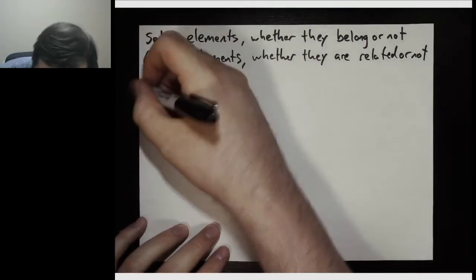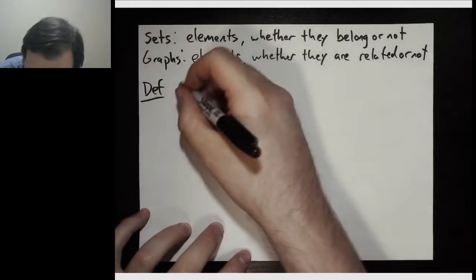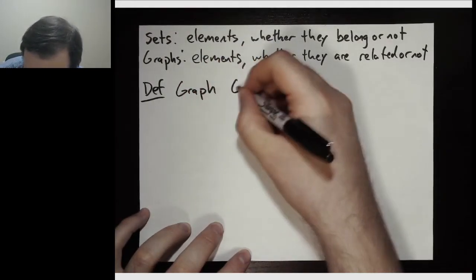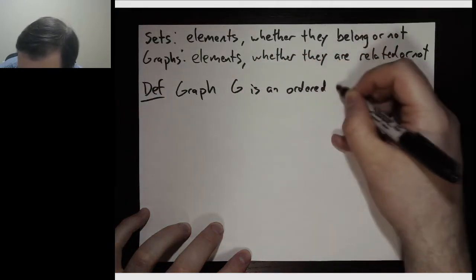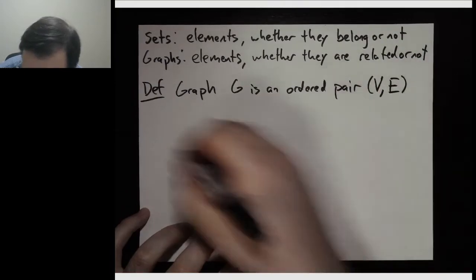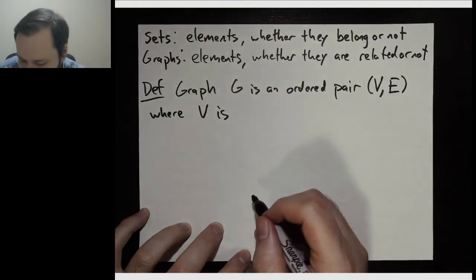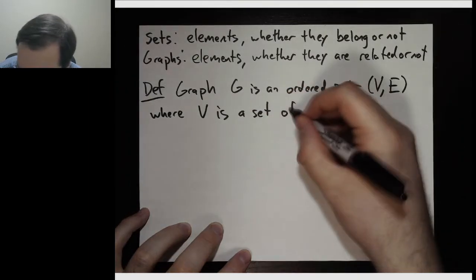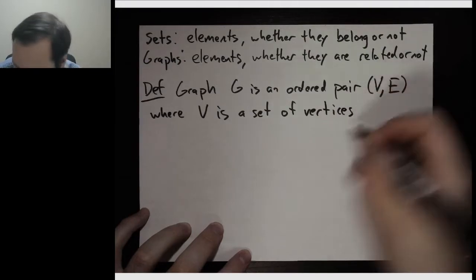So formally, I'll give you a definition. Formally, a graph is an ordered pair V comma E, where V is just a set. So like I said, graphs have sets inside of them. And we call everything in V a vertex, plural vertices.